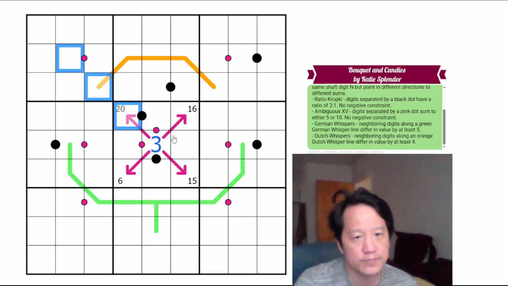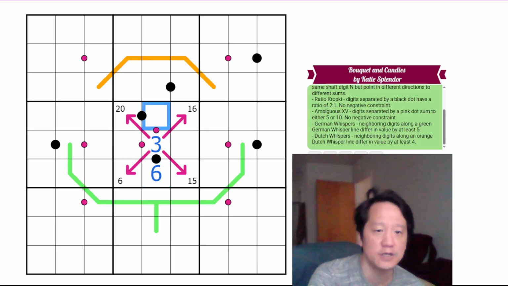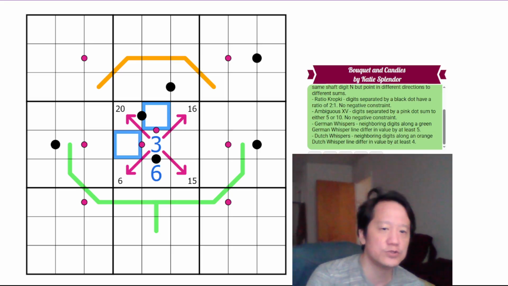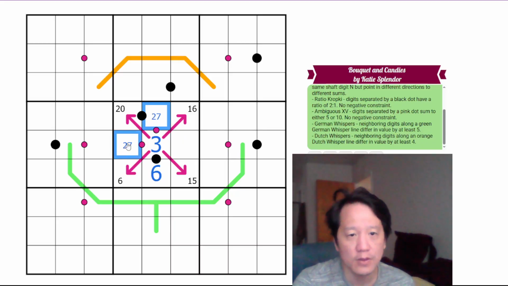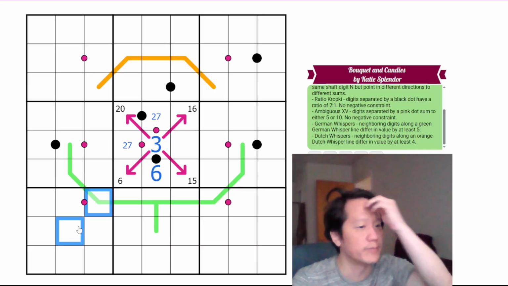So since this is 3 digits here add up to 20, 3 is also in a 1 to 2 ratio with 6 only. 3 adds up to 5 and 10 with 2 and 7 explicitly. So we know that these 2 digits here must be at minimum 3.